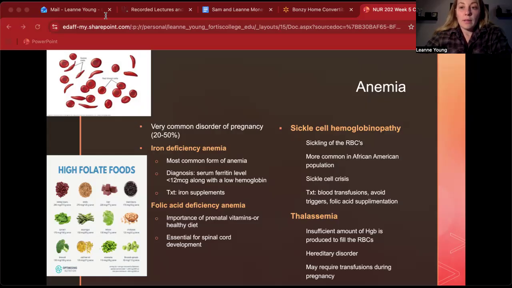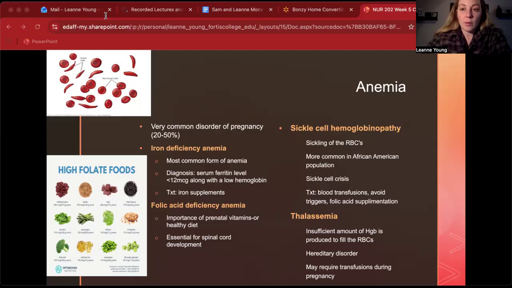Common things that can send people into a sickle cell crisis are abrupt changes in temperature, changes in elevation or pressure. So, like if somebody who has sickle cell lives in Miami, Florida, and they go hiking in the Rocky Mountains in Colorado, that can put them into a sickle cell crisis. So, we need to educate these patients on being careful about that.